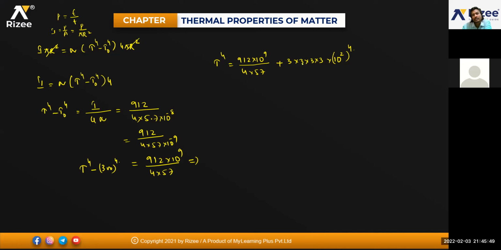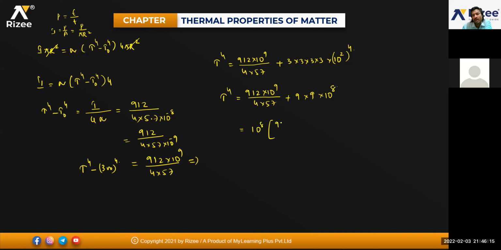T to the power of 4 will be equal to 912 into 10 to the power of 9 divided by 4 into 57, plus 3 threes are 9, 9 nines are 81, into 10 to the power of 8. So I can take 10 to the power of 8 common.